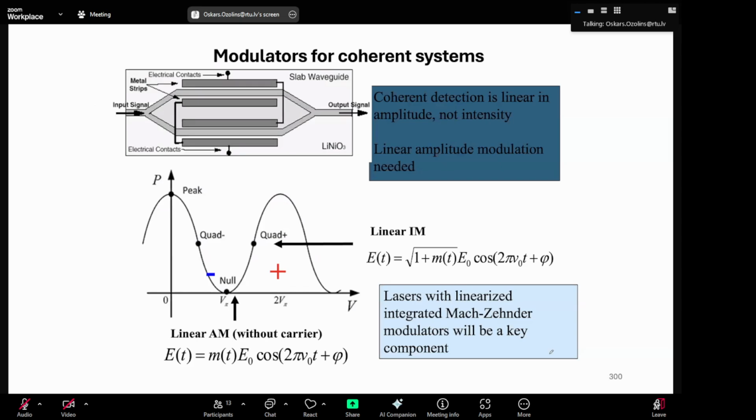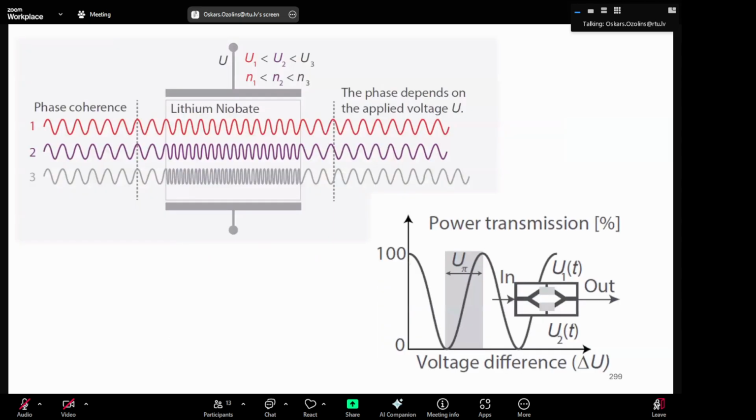So here we see the power transmission in a Mach-Zehnder modulator. When we talk about intensity modulation direct detection systems, where we work with intensity, there's a difference between the power transfer function and the amplitude transfer function.